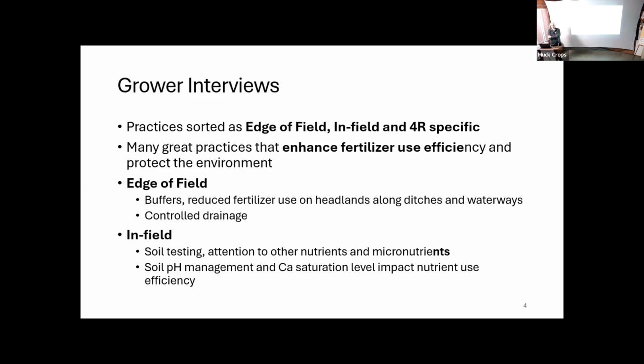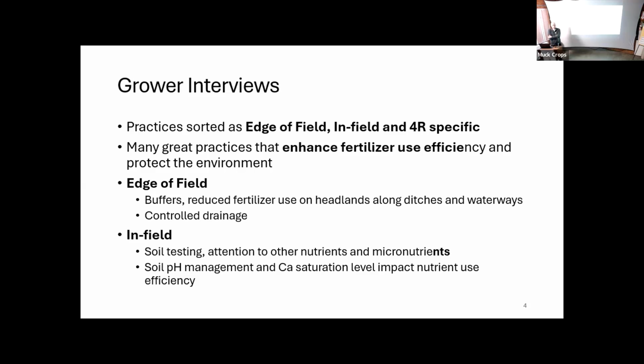We talked to 3 ag retailers and to 4 CCAs to verify the practices that are being used throughout the marsh.